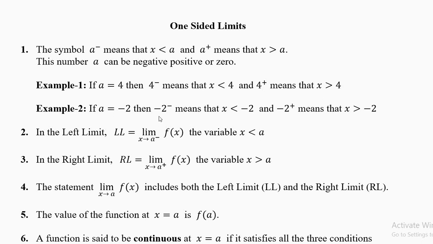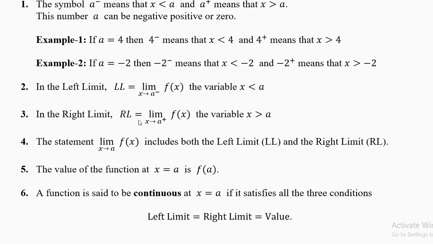Now a equal to minus 2. Minus 2 minus: this first minus is your regular minus, this second minus means less. So x is less than minus 2, and this plus means more, so x is greater than minus 2. a can be positive like 4, negative like minus 2, or it can be 1, 0.